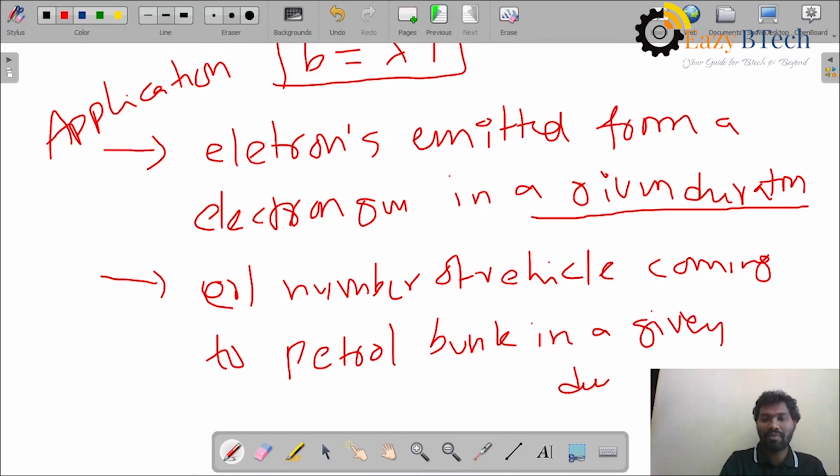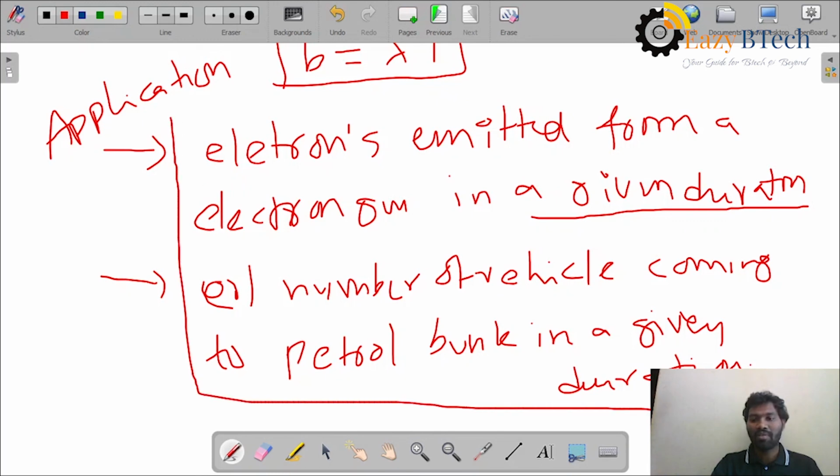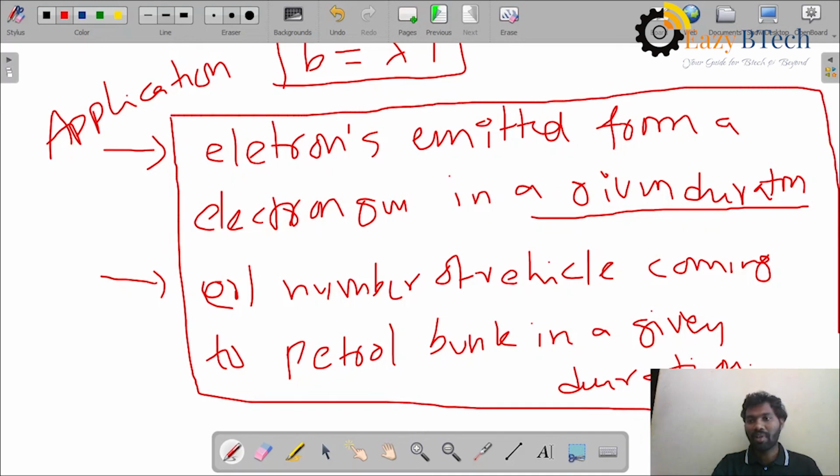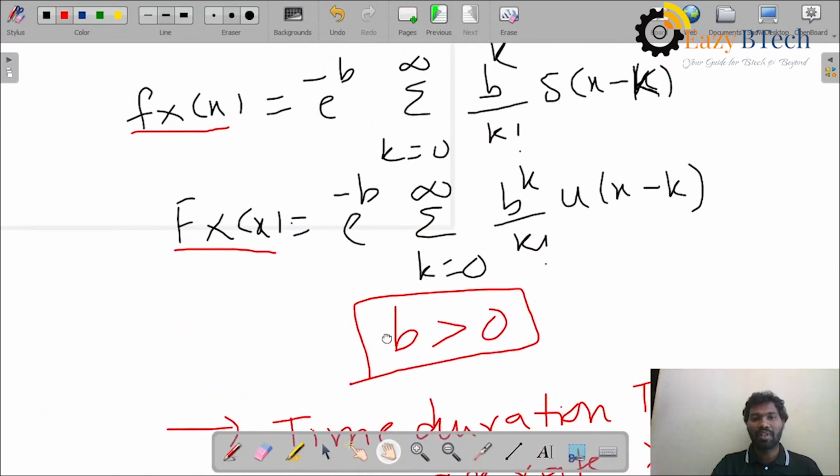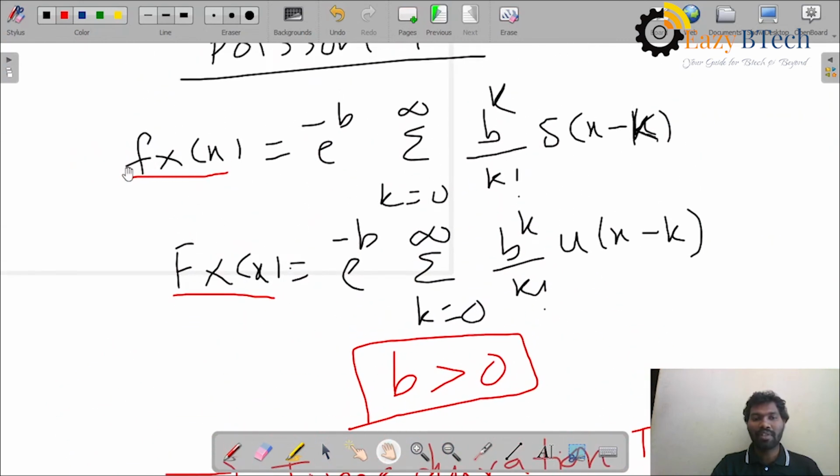For timing it is 1 hour or 2 hours or 3 hours, etc. You should compulsorily take one time interval. These are used to find out the counting. So you should remember the applications of Poisson: it is for counting purposes.